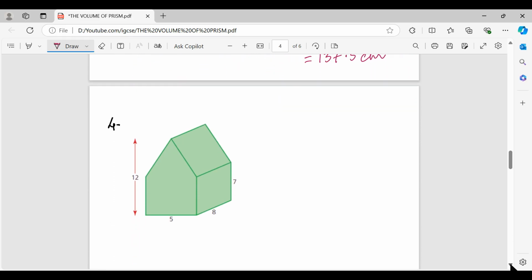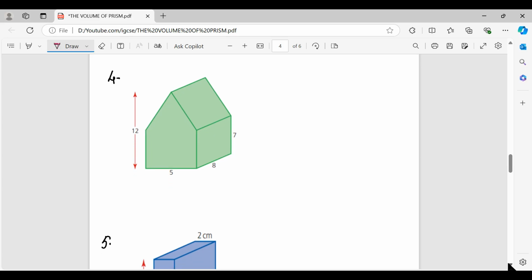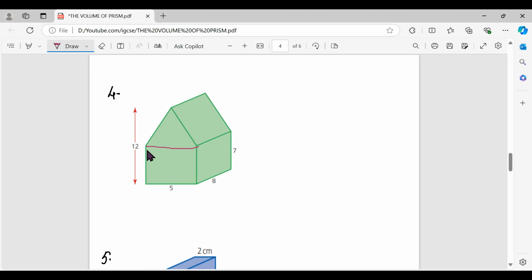Okay, so here this prism has a compound shape. You can see you have a triangle as well as a rectangle. We will find the area of this cross section, which is a compound shape made up of a triangle and a rectangle.